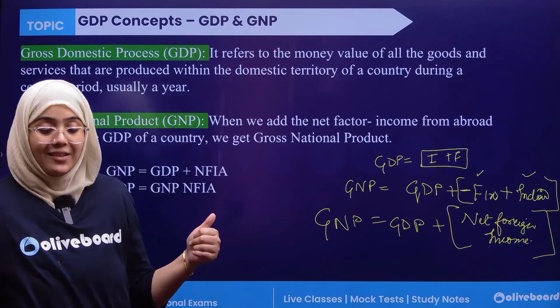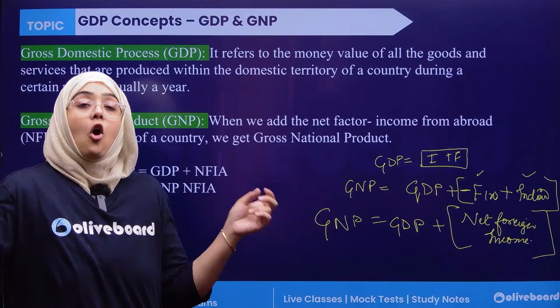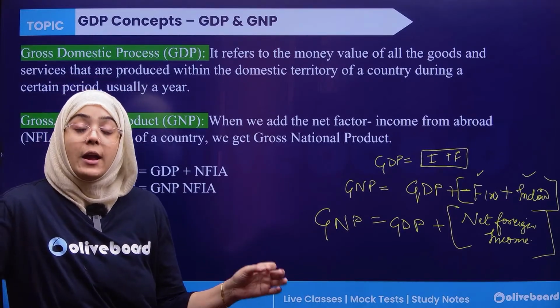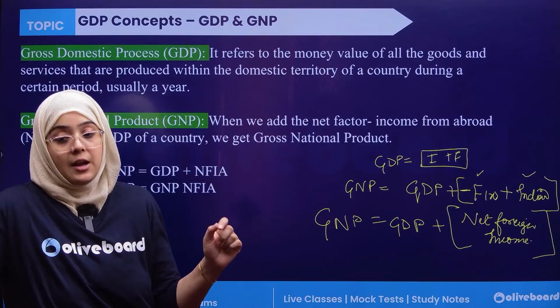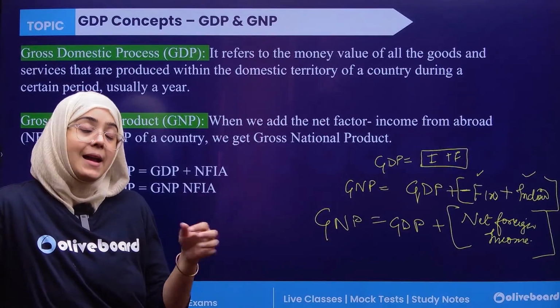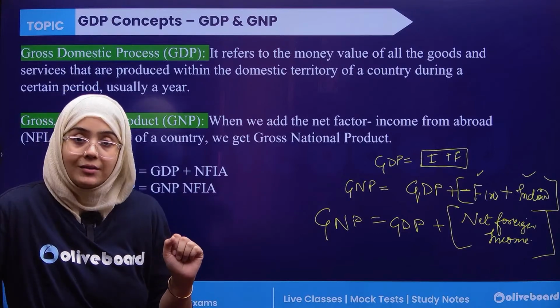So GDP, gross domestic product, means all the income that is earned in the domestic boundary of India, whether it is by Indians or by foreigners.